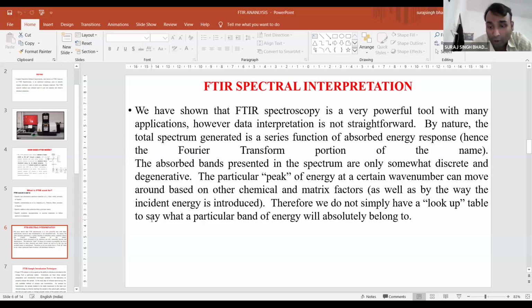So it generally depends on the molecular energy or the intensity of that particular molecule. The particular peak of this energy appears at a different wave number, depending on the chemical and the matrix factor. So these are all the spectral correlations which are commonly used for any type of spectrum and for any type of FTIR analysis.